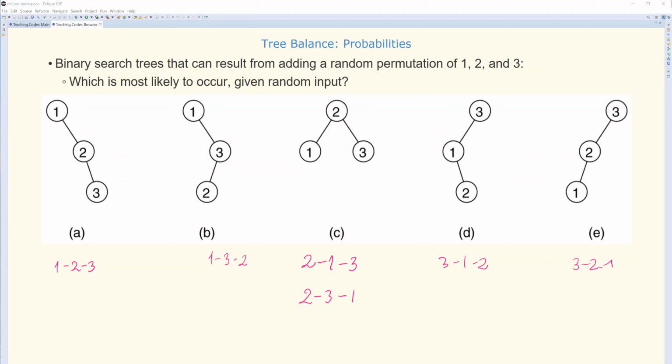I have 6 different combinations. So the probability of observing the first 3 would be 1 over 6, 1 over 6, 1 over 6. For this one, it would be 2 over 6, which is equal to 1 over 3. So in other words, the probability of observing the 3 in part C is twice that of seeing any other of these 3s.